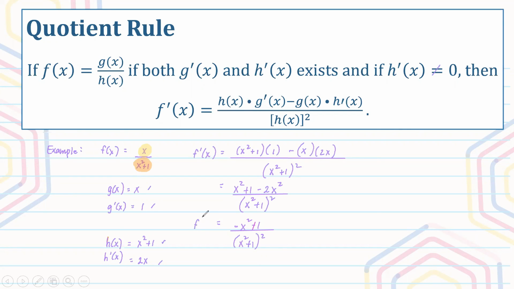This is already our final answer. Okay? You may expand the binomial in the denominator, but if it's not factorable, if there's no common factor between the denominator and numerator, then you may just leave it as is. Okay? So we can have this one as our final answer.